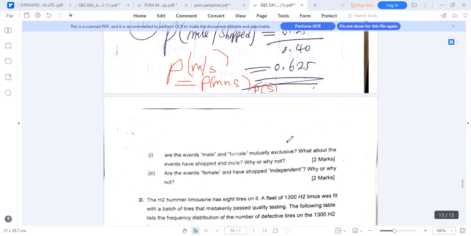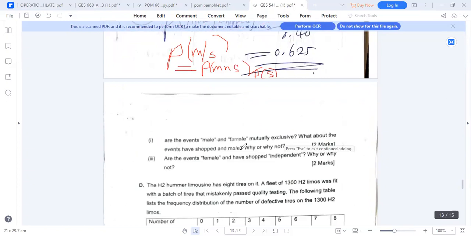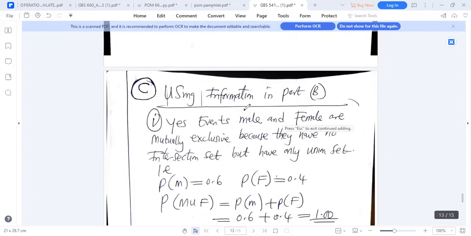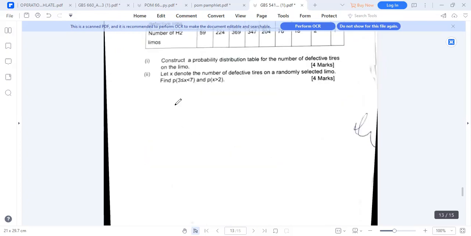Now, testing for independent events. We are being asked, are the events mutually exclusive? Mutually exclusive events have no intersection set, but they have a union set. So yes, the events male and female are mutually exclusive because they have no intersection set.